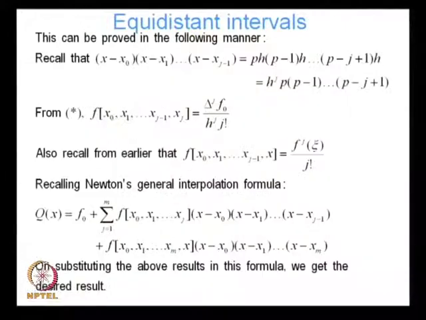And I am going to show that in a relatively simple way. So we recall that (x minus x0), (x minus x1), up to (x minus xj-1) can be written like that. Why can it be written like that? Because x is equal to x0 plus ph.